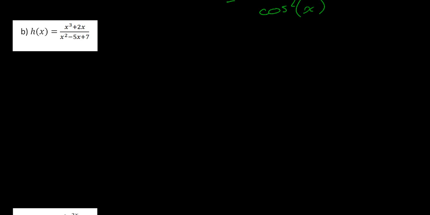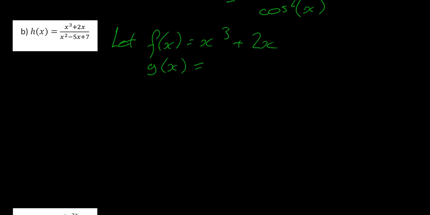So what we're going to do is we're going to say that the top is f of x, x cubed plus 2x, and the bottom is x squared minus 5x plus 7.